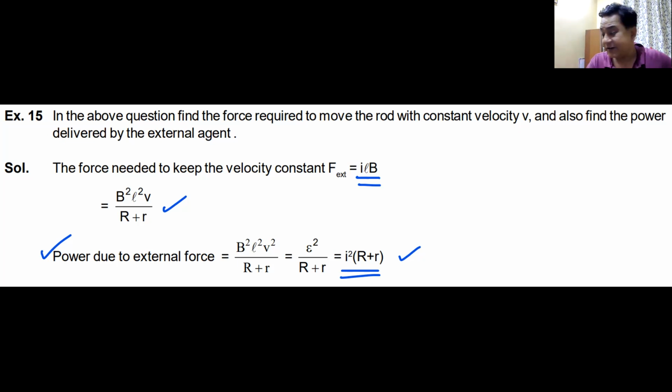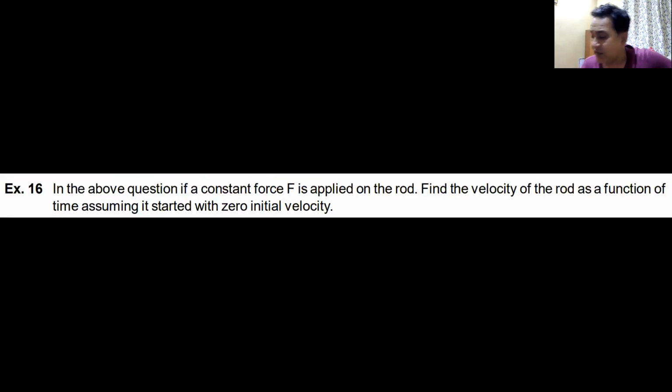Now, as I told you, there are different variations of the question, different stems that you can have. Here, the third stem. In the above question, if a constant force F is applied on the rod, find the velocity of the rod as a function of time, assuming that it started with zero initial velocity.